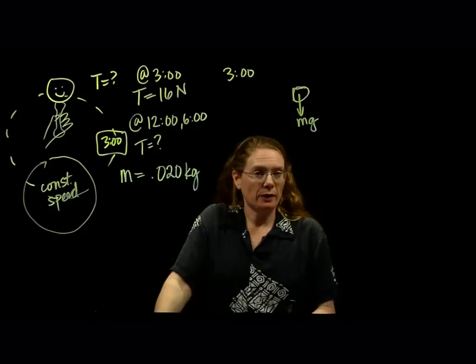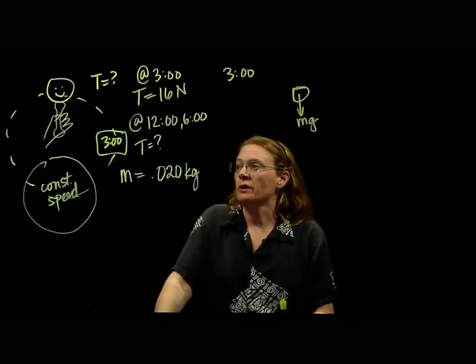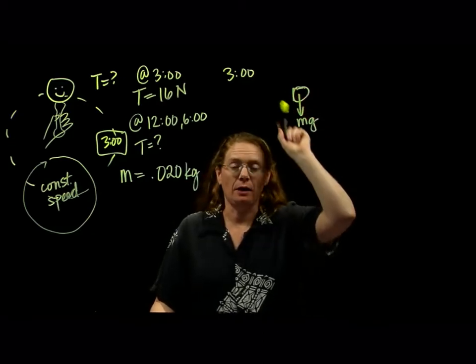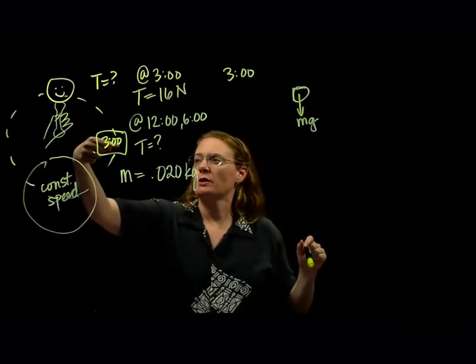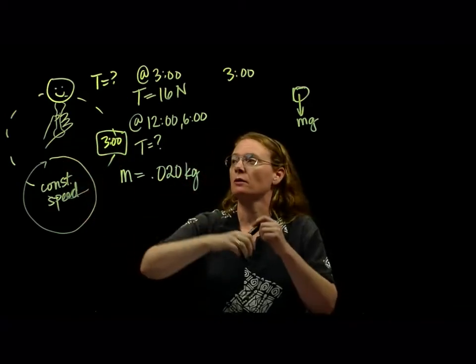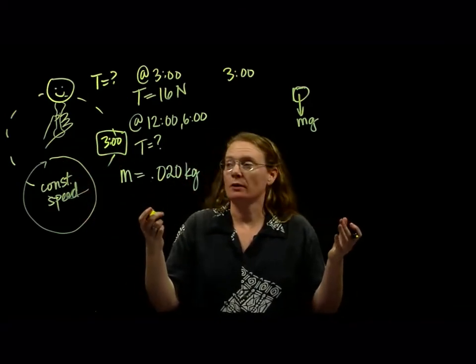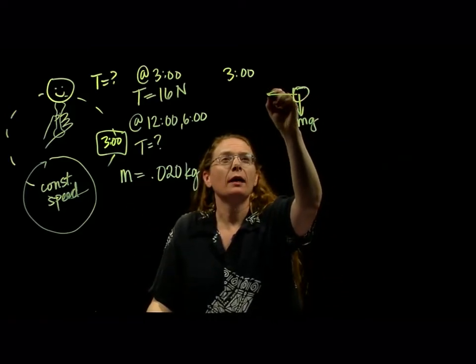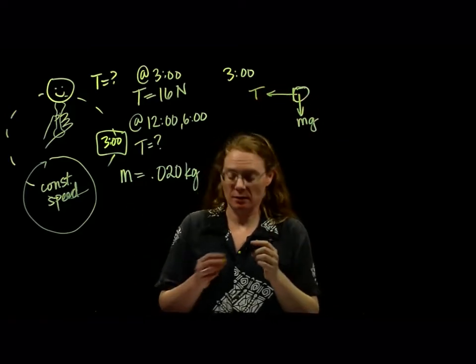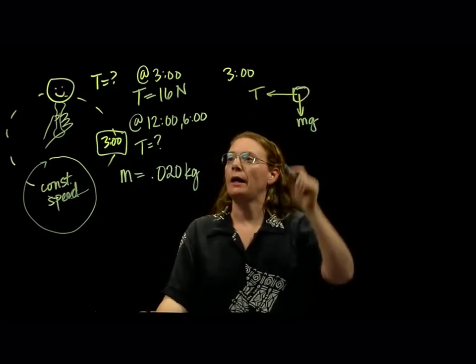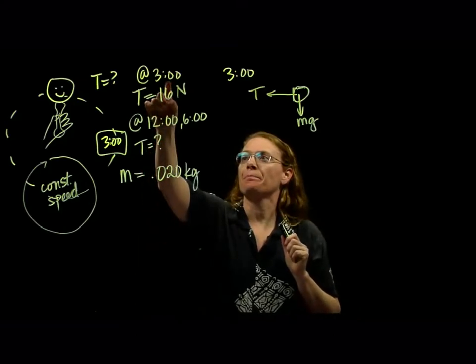So what direction is that bone or stick pulling or pushing on our skeleton head? Well, when we're at this position, it's got to be tugging it in to keep it going in a circle. That's the direction that it's connected in. So we're going to have the tension in that bone or stick going this way at the 3 o'clock position.